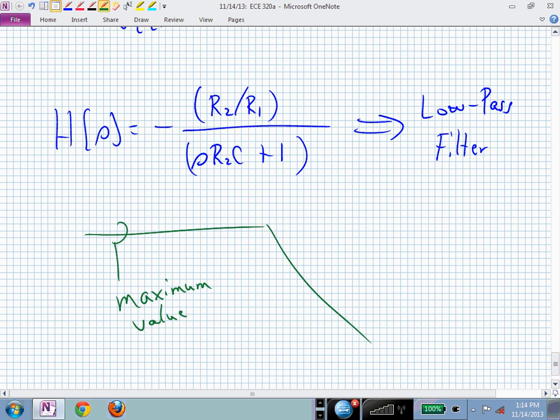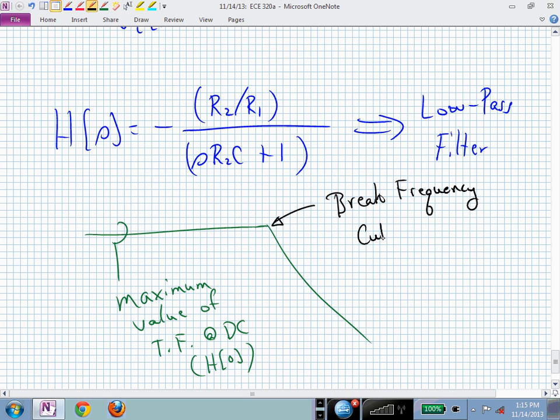So you have a maximum value of your transfer function at DC, which is just H of 0. Then you have something interesting happening right here, which I might have been calling a lot of times the break frequency. That's where the magnitude response breaks or has a change in its behavior. The textbook might call this the cutoff frequency of your filter.